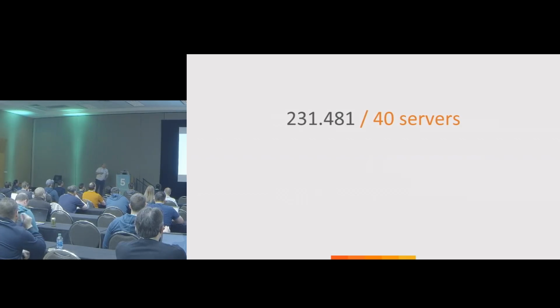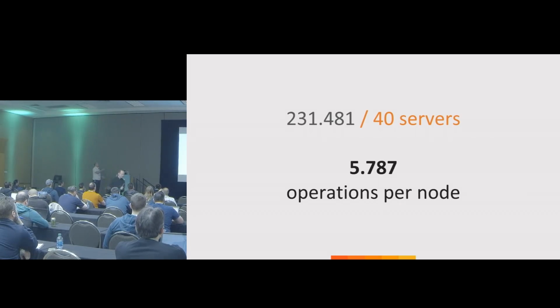So what would you typically do if you have to deal with this? You will just go and spin up a cluster, typical stuff. You build your Kubernetes, you deploy, and you're done. Because this is roughly 5K, 6K operations per node, which with today's tools is totally doable.